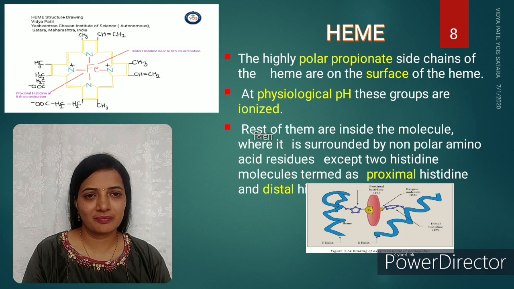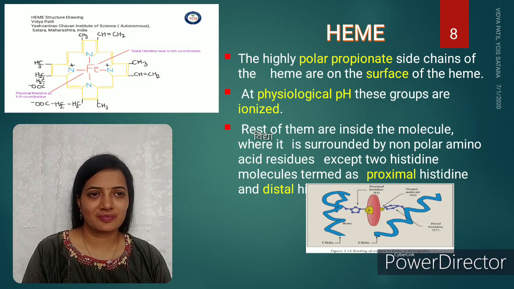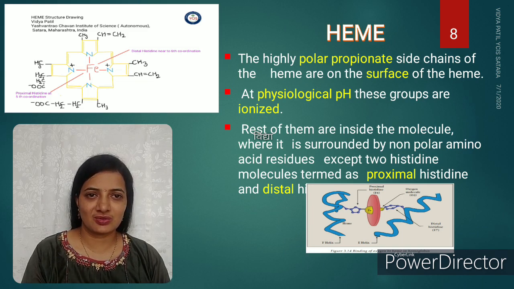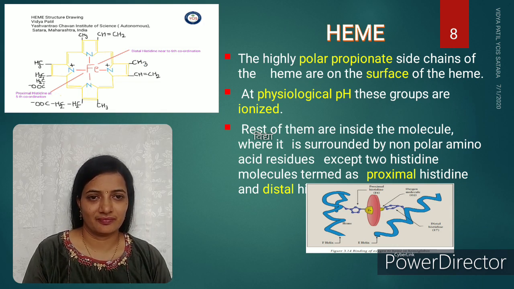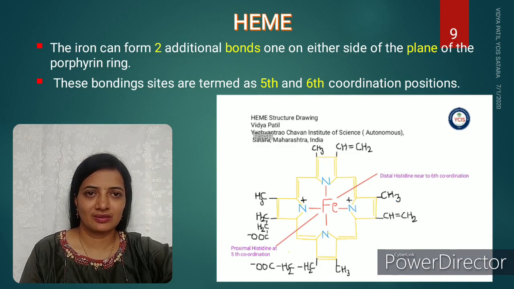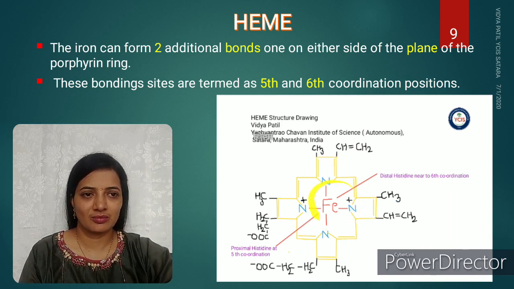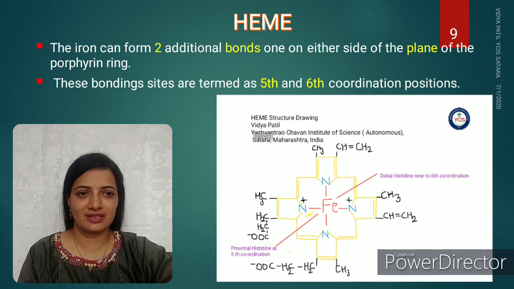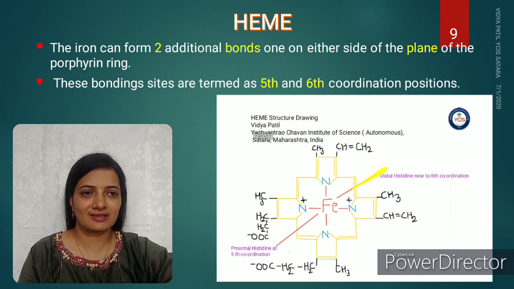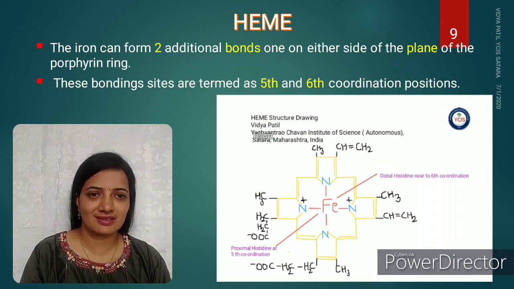At physiological pH, these propionate groups are charged groups, meaning CH2, CH2, COO minus. Otherwise the rest of the molecule is present in the cleft of the protein. Just see here, the iron atom is bound with the 4 nitrogen molecules, while of its 2 bonds, the 5th coordination binds with the proximal histidine molecule, and the 6th coordination is near to the distal histidine molecule.